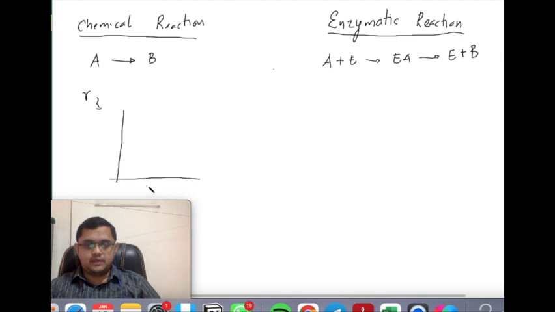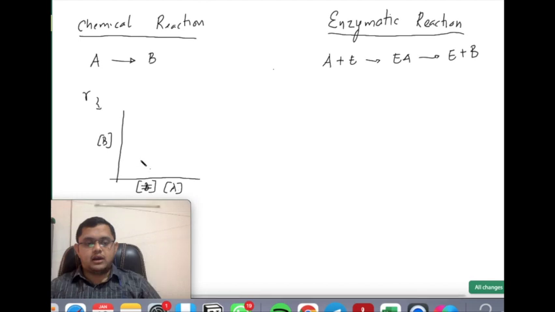The x-axis is the substrate concentration, because the x-axis should always be the independent variable. Here the independent variable is the substrate, and your y-axis is the product concentration.